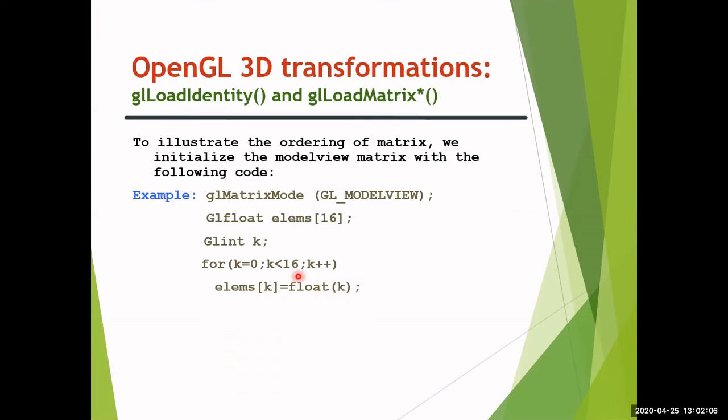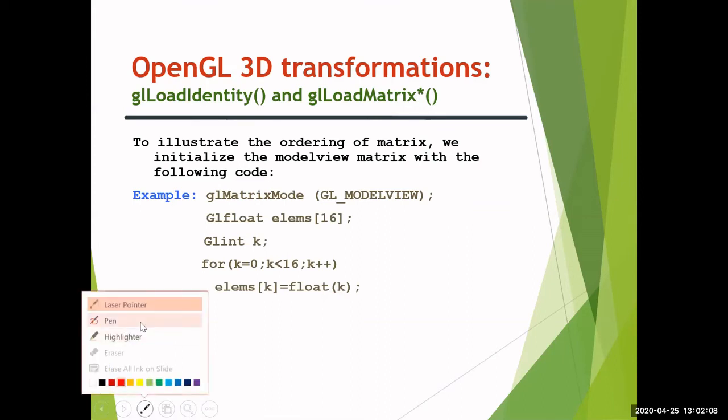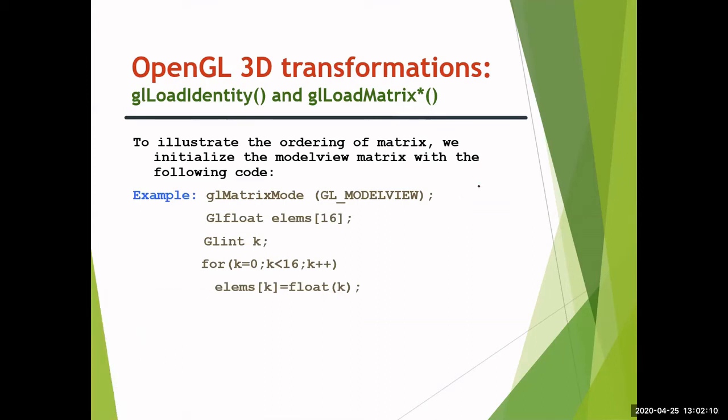And what is the content of elements now? The first element is nothing but element of 0, which I call as 0.0, because I'm taking it as float of k. What is k? K is actually 0.